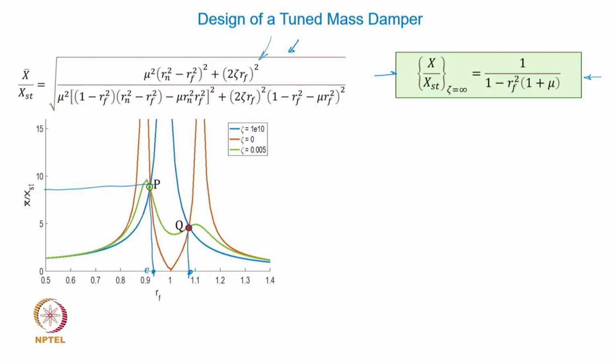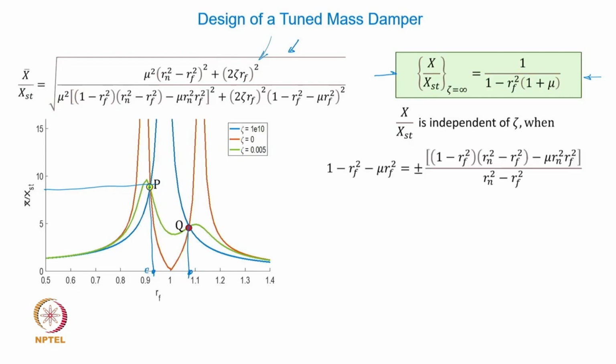Then x over xst, that is the amplitude ratio, is going to be independent of this damping ratio when this equation is satisfied. Now again, this might be a little mind boggling for you. Why are we doing this? You will realize that very quickly. It's a simple mathematical jugglery here to show that if this expression is equal to plus or minus of this expression, and if you substitute back into this equation, you will find that zeta goes out of the scene.